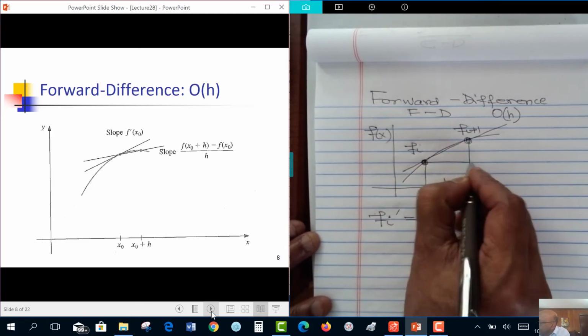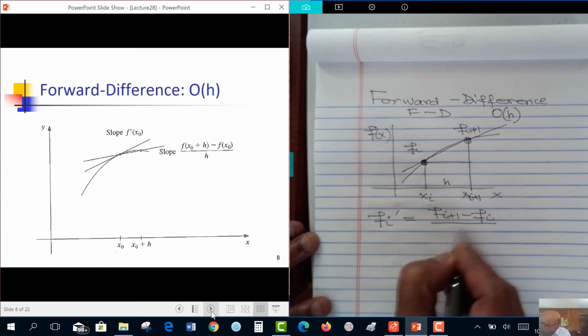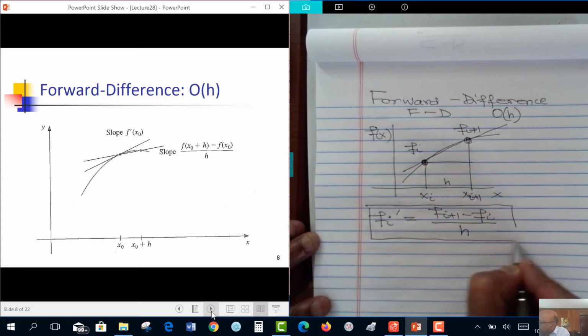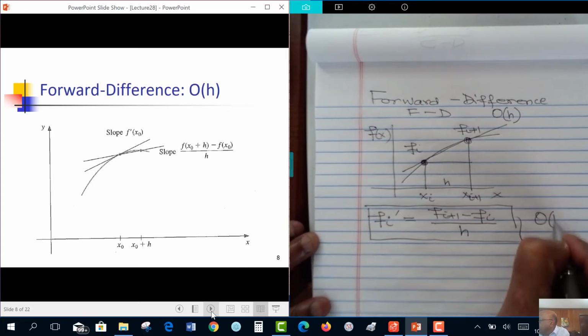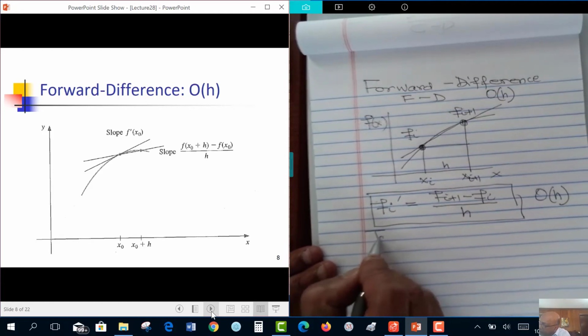And then we connect these 2 points with a straight line, and that's our approximation for slope at i. So of course, again, we construct a triangle, height of the triangle, width of the triangle, and this is an order h expression. And Taylor series tells us that.